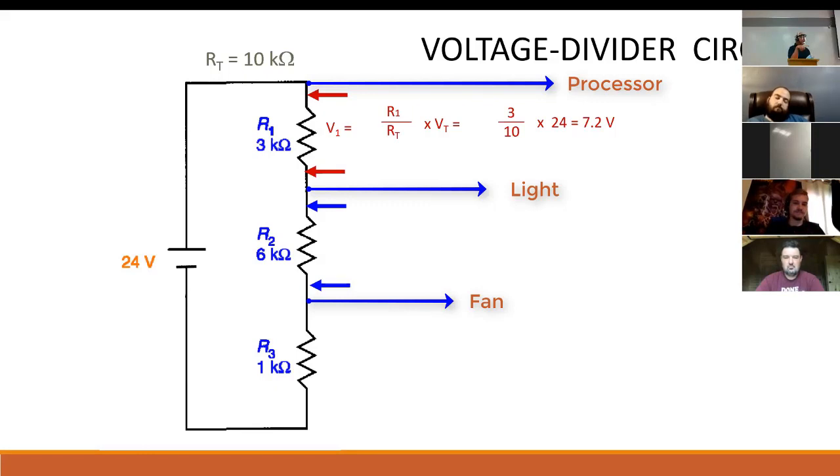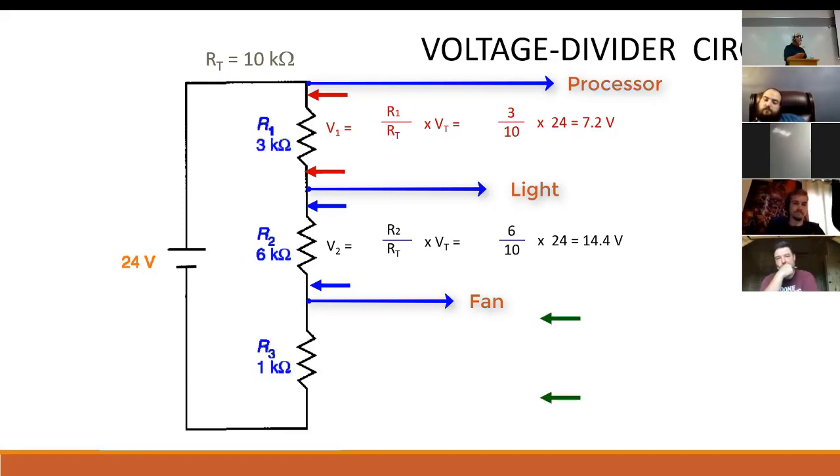So the 6K is double. Now what do you expect to see in the voltage, knowing that voltages are divided proportionally? What's that? It's twice the voltage of the first one. Okay, 14.4 is your answer, and that's right.